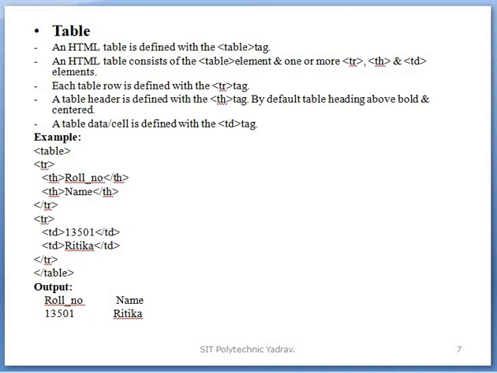Each table row is defined with the tr tag. A table header is defined with the th tag. By default, table headings are bold and centered. A table data cell is defined with the td tag.